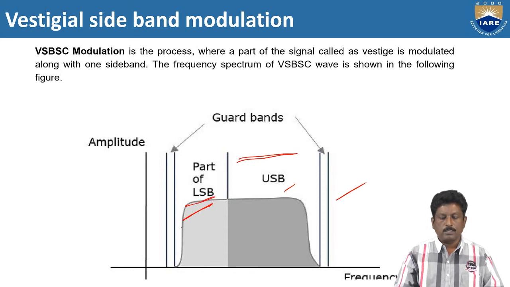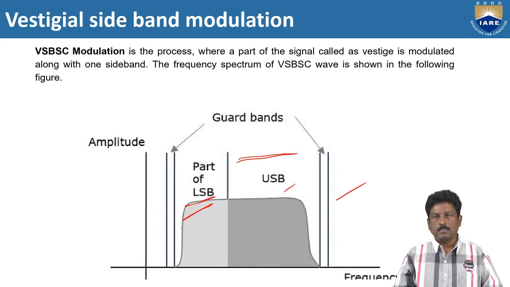So we are taking a part of the LSB and the complete USB, and then it is transmitted. So that is the vestigial. Vestige stands for a part of; the general meaning of vestige is a part of. So we are taking a part of one sideband and the complete other sideband, and transmitting this.